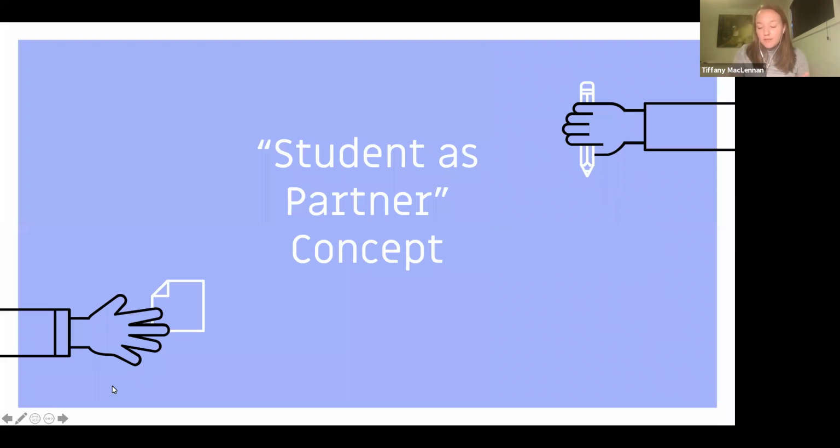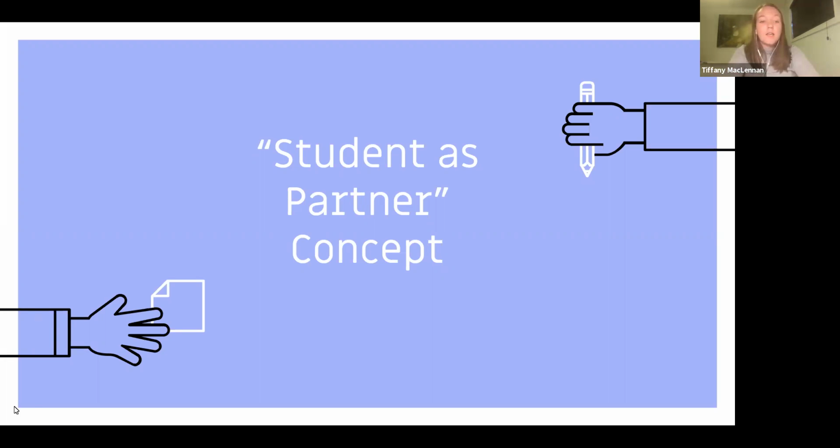Before we dive in too far, we wanted to hop into a term that was used in our title, which is students as partners, which is a literature term, it turns out. It's been my area of research as a research fellow and strategist for the Maple League of Universities.